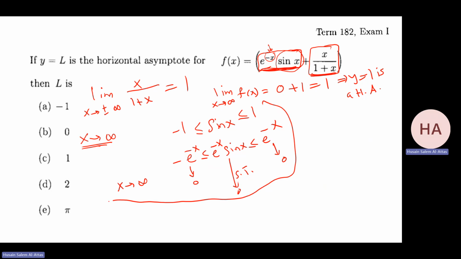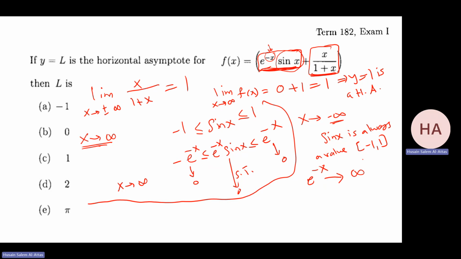Okay. Now for the case x goes to minus infinity. As I said, sine x is always a value on the interval between -1 and 1, -1 included. Now this one, e to the power minus x, as x goes to minus infinity, will go to infinity.